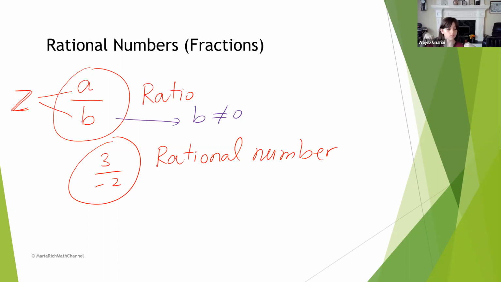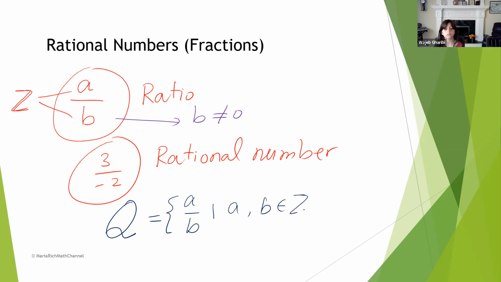The set of all these numbers we call rational numbers, and we denote it as Q. So it is the set of all numbers A over B such that A and B are integers, with the one condition that B should not equal 0. Do you understand this one?